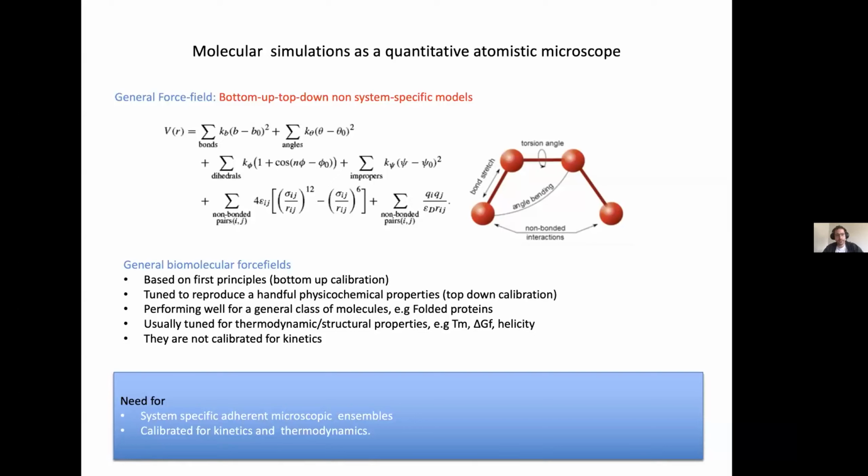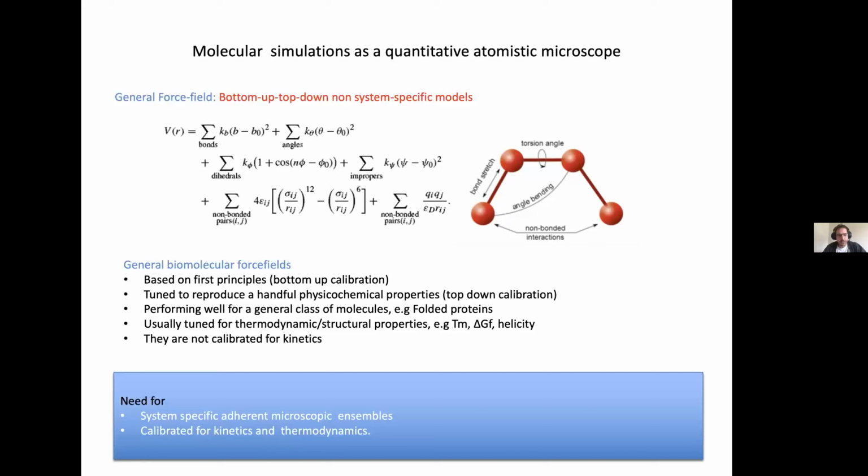Here I don't really have to go through the detail, but given a potential energy function, which is a bottom-up view on the problem, we describe the interactions of a system by bonds or dihedrals that come out of ab initio or quantum mechanical calculations, and also parameters, for instance in Lennard-Jones, that come out of, say, vaporization experiments.